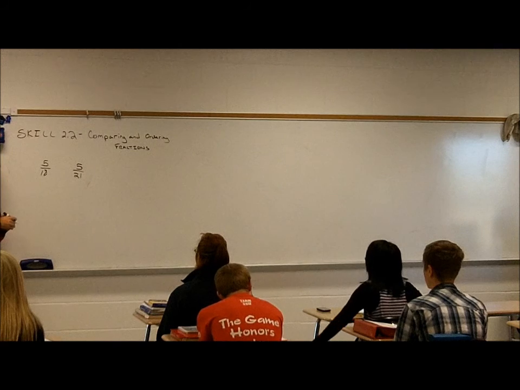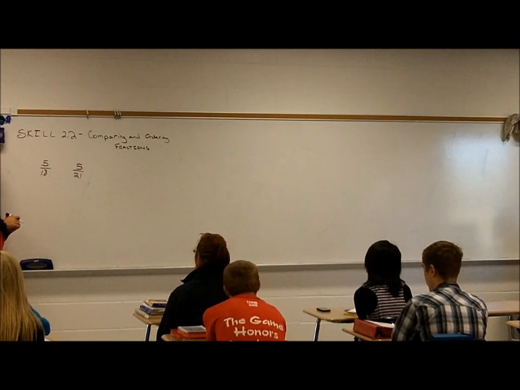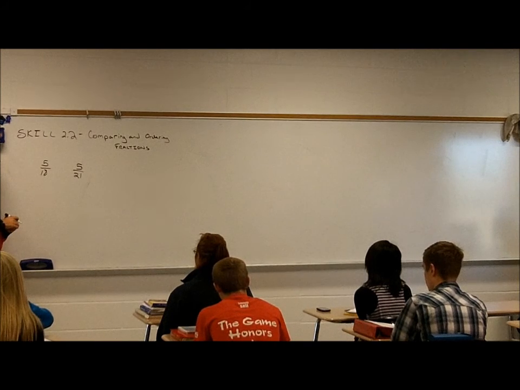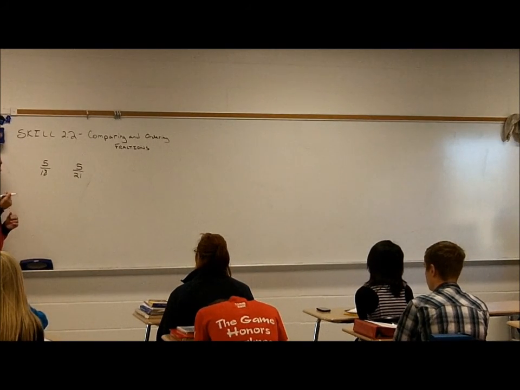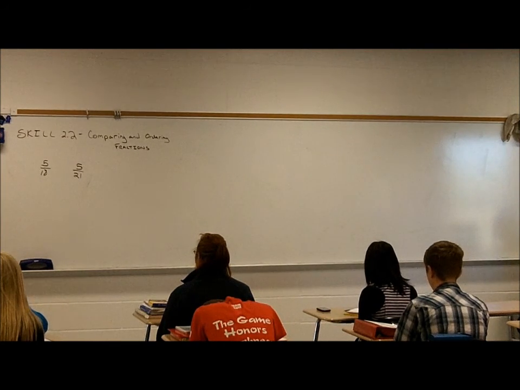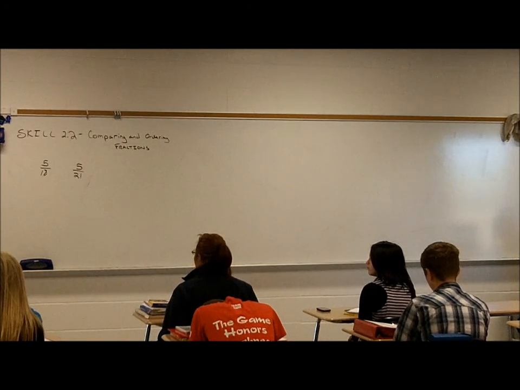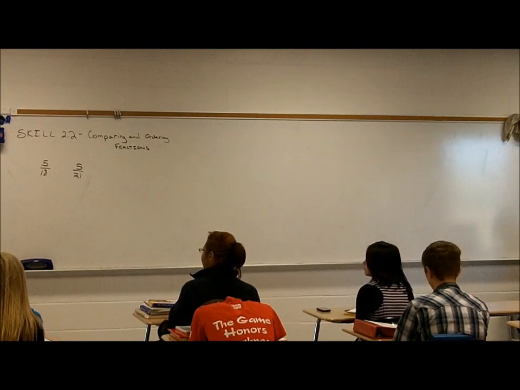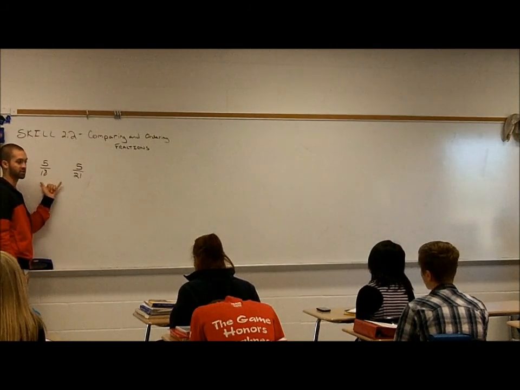How do we compare them? We use inequality symbols. So what are we looking for in this situation? There's a specific thing we did. Remember? Wake up. Pizza. We did the pizza, right? Remember, the denominator stands for the total number of slices.